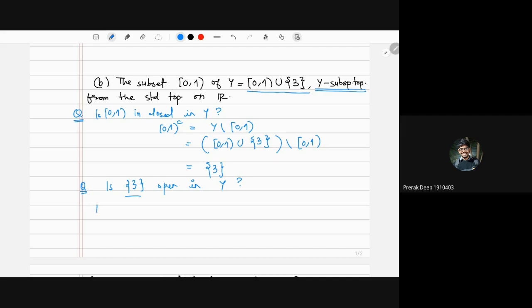Is there an open set U in R such that U intersection Y is {3}? Because Y has the subspace topology, this is equivalent to asking that. You guys can answer.